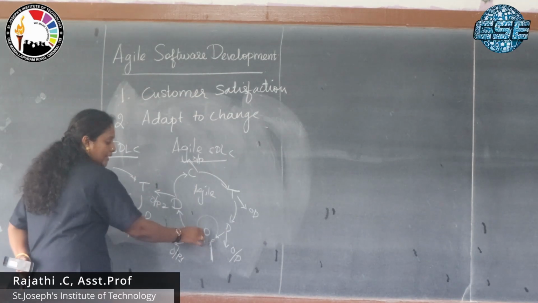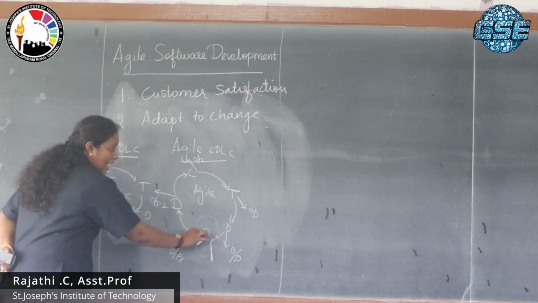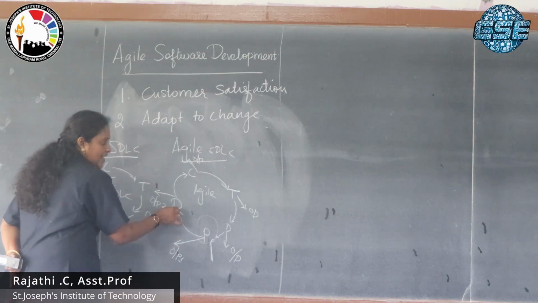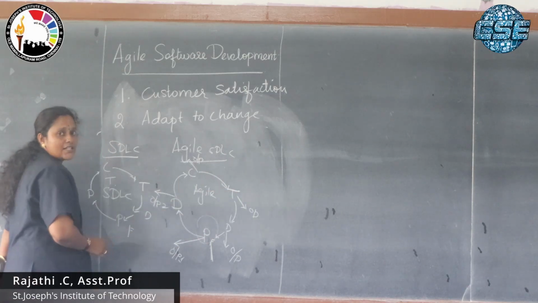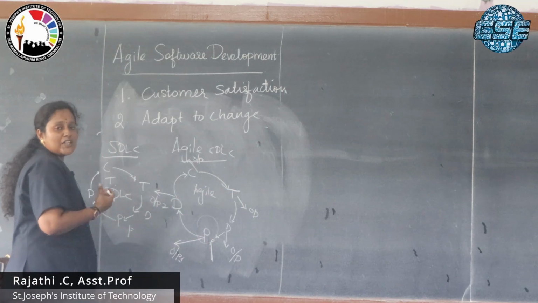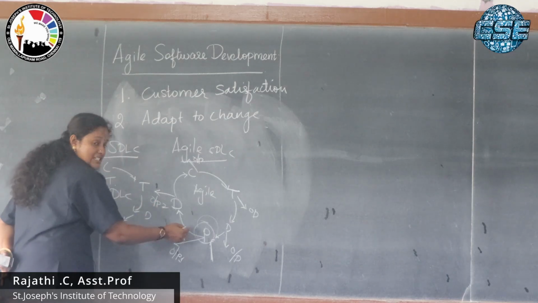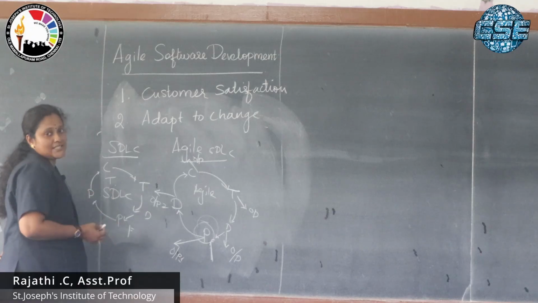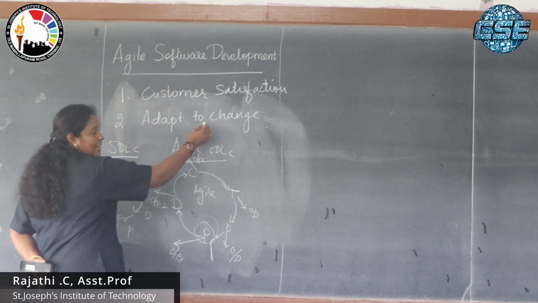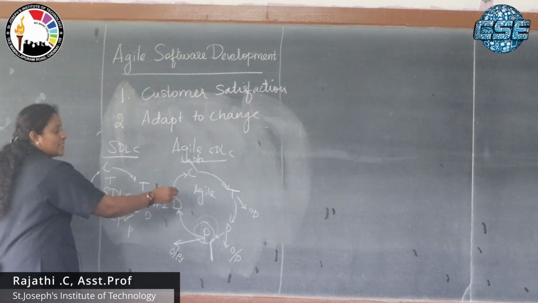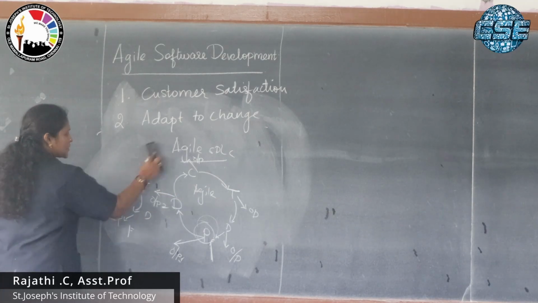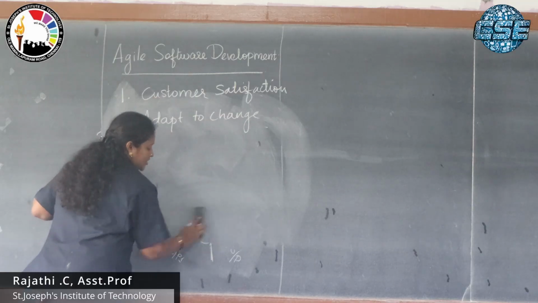We are not just starting from planning and completing through deployment. For every phase of the Agile life cycle we get feedback about that phase, and based on this feedback we make changes. This is the adapt to change principle that Agile provides, the second principle.